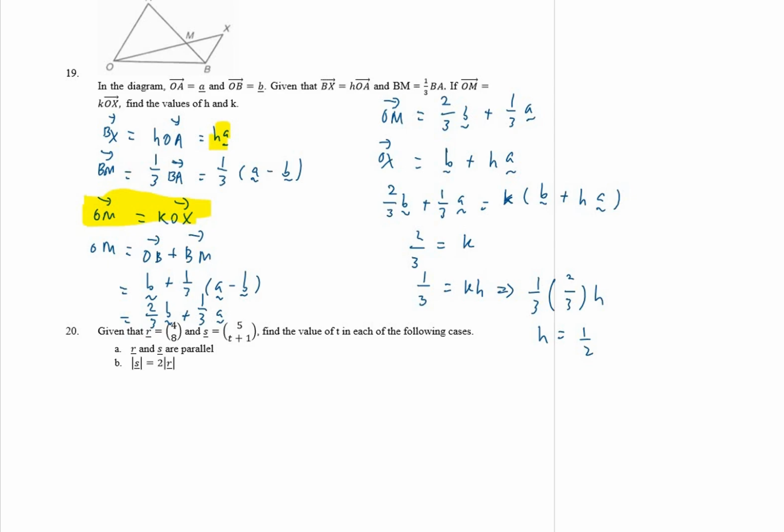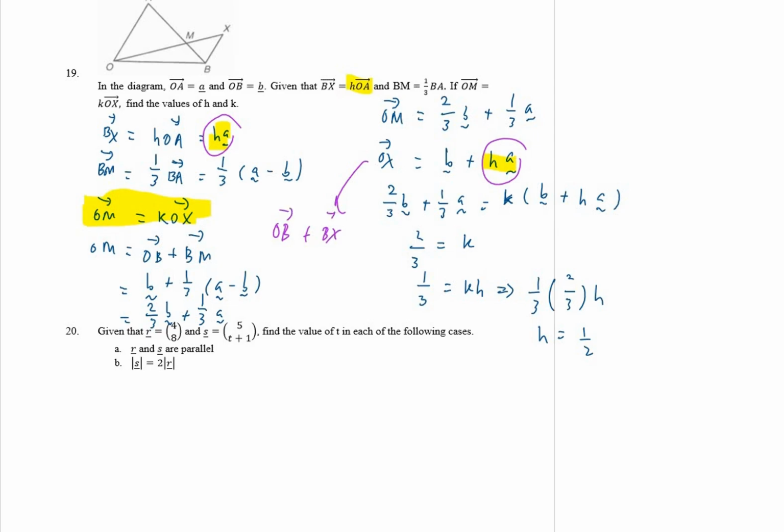Then you have your OX. What is your OX? OX is OB plus BX, and BX is actually h OA, which is h A. Okay, so OX is OB plus BX.